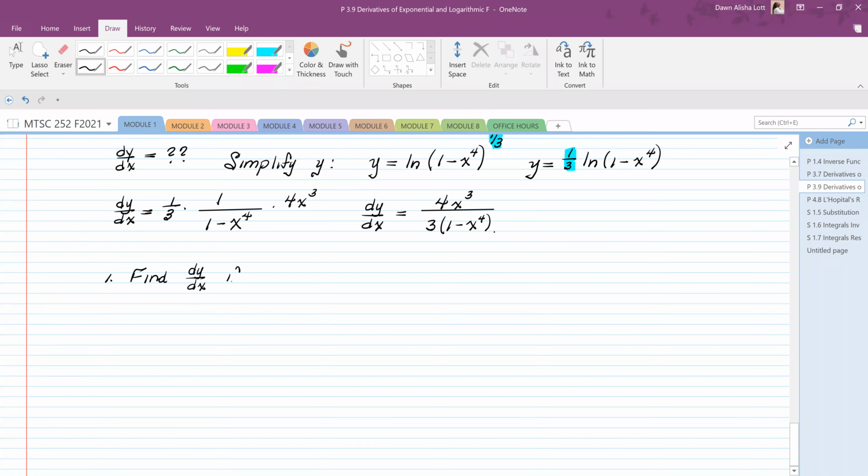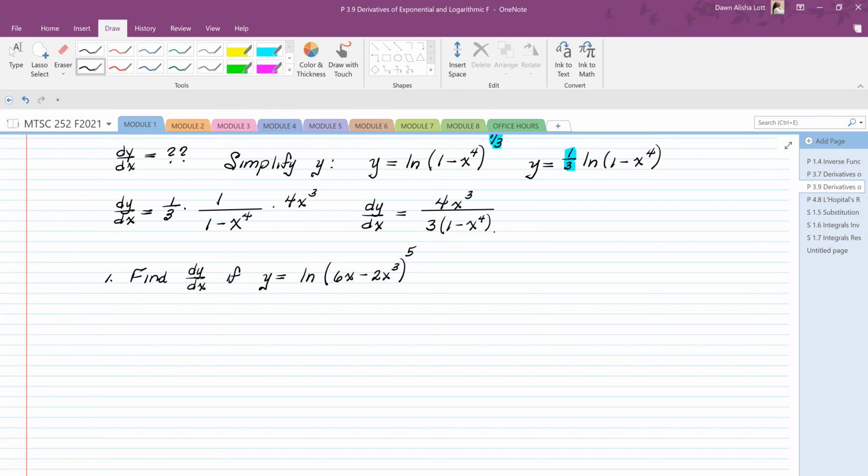Find dy/dx if y is equal to the natural log of 6x minus 2x cubed to the 5th power. How do I go about simplifying y?